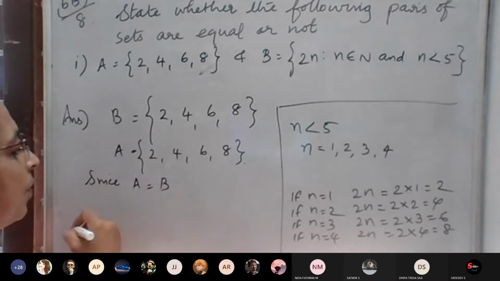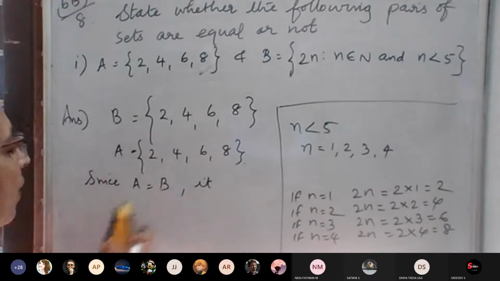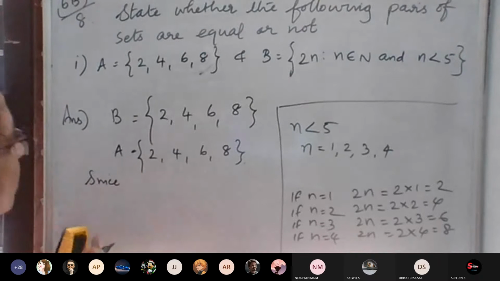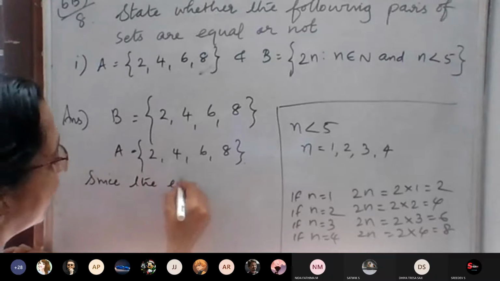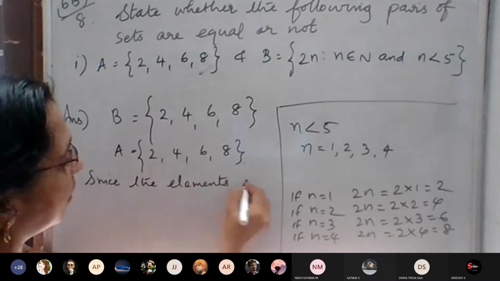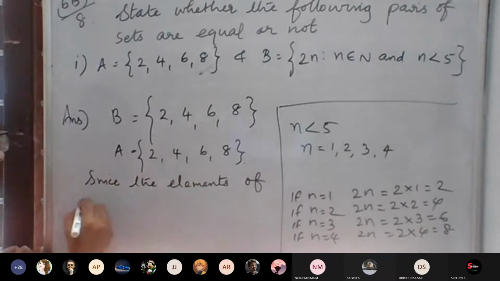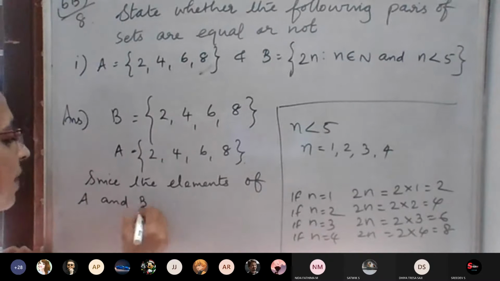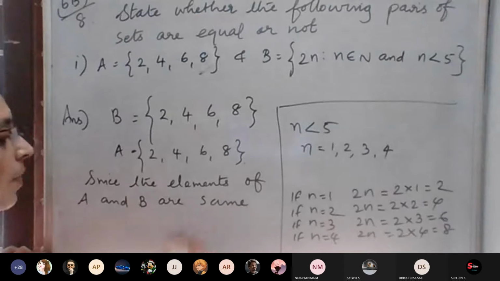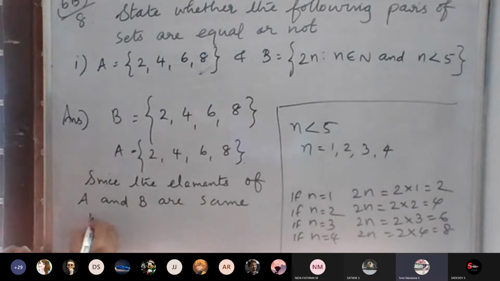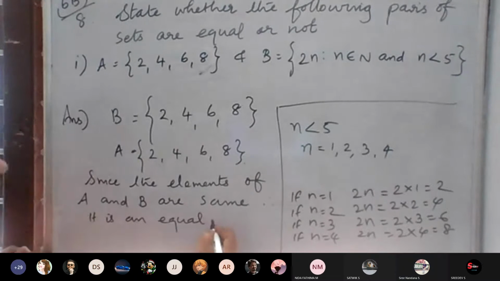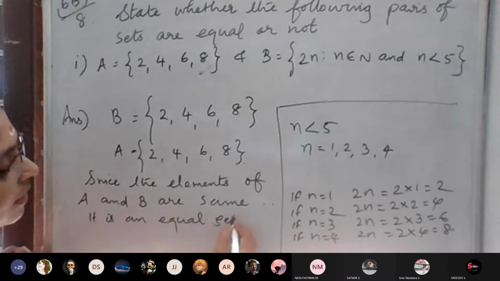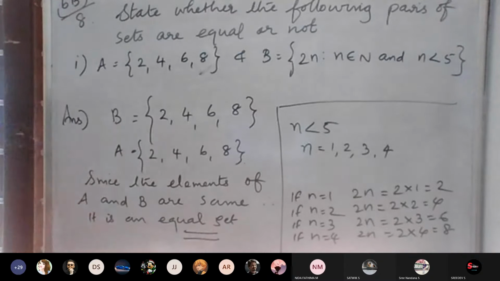Don't just write A is equal to B. Write: since the elements of A and B are same, therefore it is an equal set.